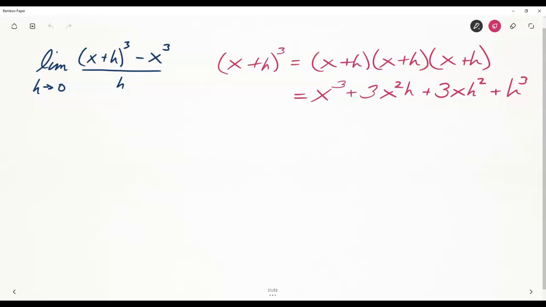You have to multiply x plus h times x plus h times x plus h, and go through the process of multiplying that out using FOIL. So when I do that, and I'll let you verify this outside of class, that x plus h cubed multiplies out to x cubed plus 3x squared h plus 3x h squared plus h cubed.